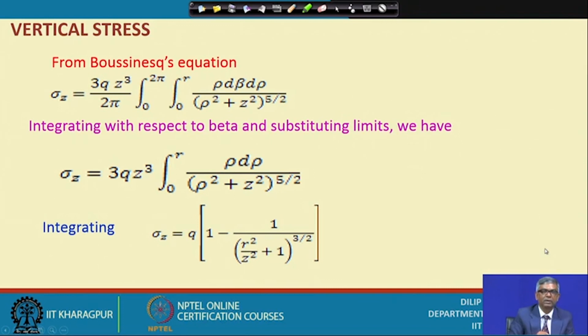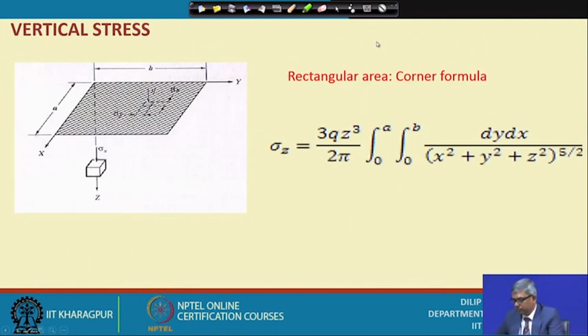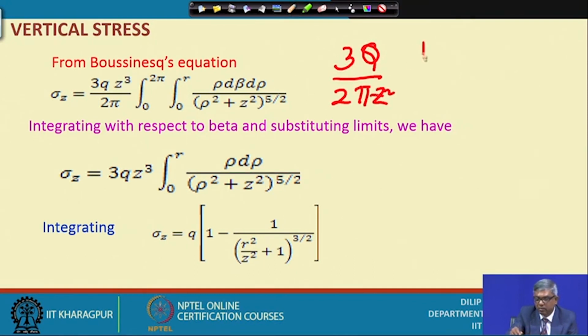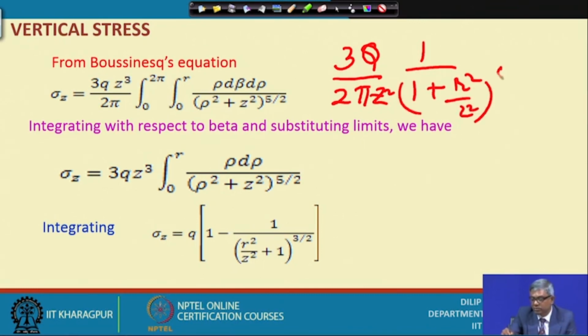You can see this same thing I have done. From Boussinesq's equation, actually a double integration is given. As I have told you, our expression is 3 Q by 2 pi z square, 1 by 1 plus r square by z square, to the power 5 by 2.